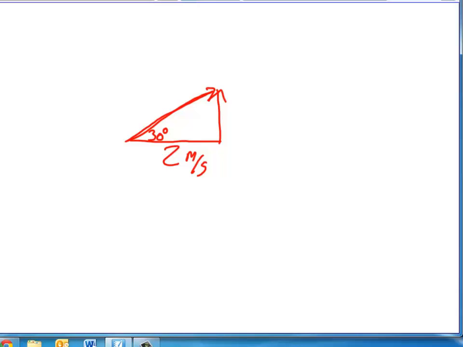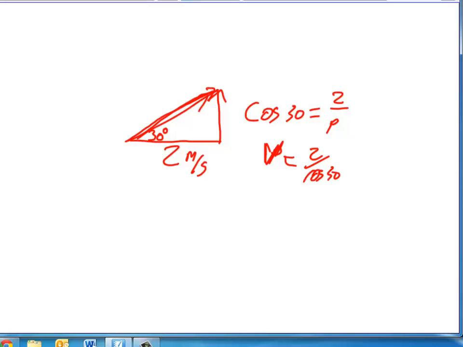This is a 30, 60, 90, so I would use cosine of 30 equals adjacent over the hypotenuse. So the velocity is just equal to 2 divided by the cosine of 30, and you would know how fast that ball's going. It's the same for both because the balls were identical and they did identical things.